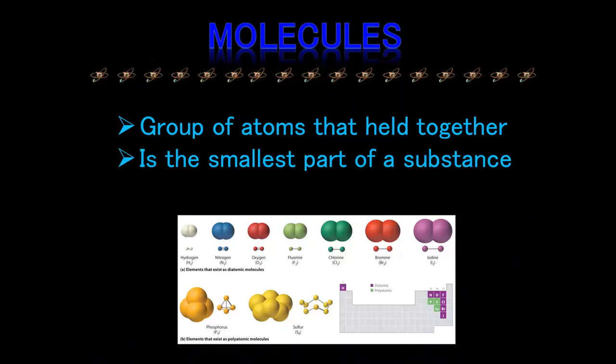A molecule is the smallest part of a substance that has the physical and chemical properties of that substance. In some respects, a molecule is quite similar to an atom, however, it is composed of more than one atom. You will know more about molecules when we discuss chemical bonding.